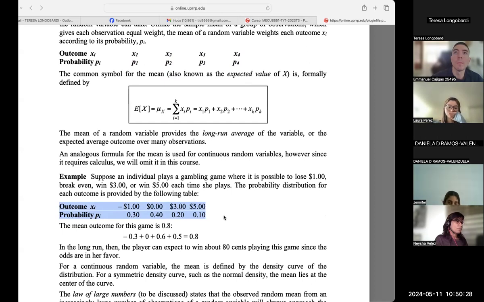Very good. So this is a discrete distribution. This is the easiest way I can introduce this concept to you, by talking about a discrete distribution, but these rules apply to continuous distributions as well.